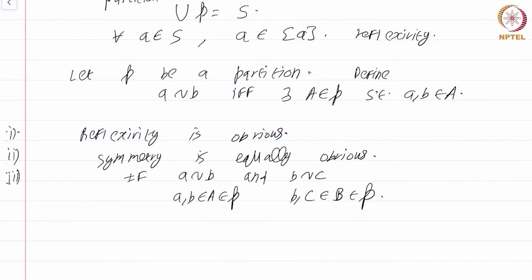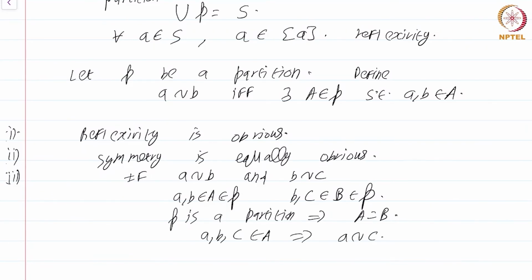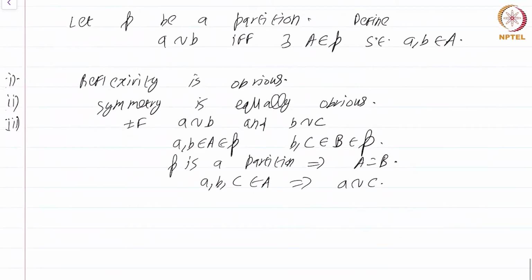So because P is a partition, this implies 𝒜 is equal to ℬ. That means A, B, C belong to 𝒜, which means that A is related to C. Okay. So the equivalence relation that you get from the partition is straightforward.